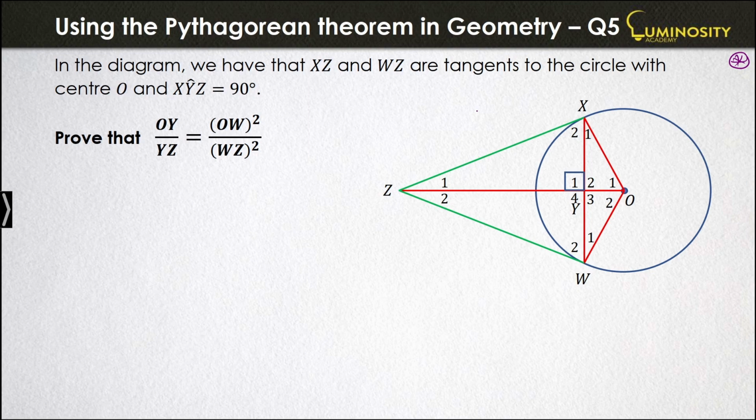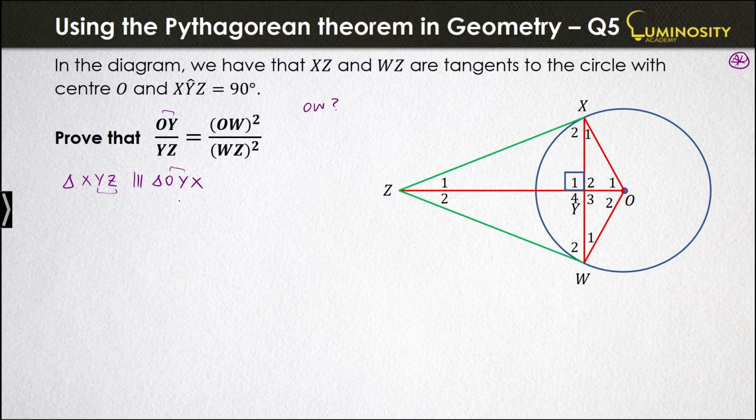So previously, we've shown that triangle XYZ is similar to triangle OYX. So now we can use this fact and look for another triangle that has YZ, for example, because we've got an OY here. We want something with a YZ. Oh, we've got that. Perfect. But now, do we have something with OW?